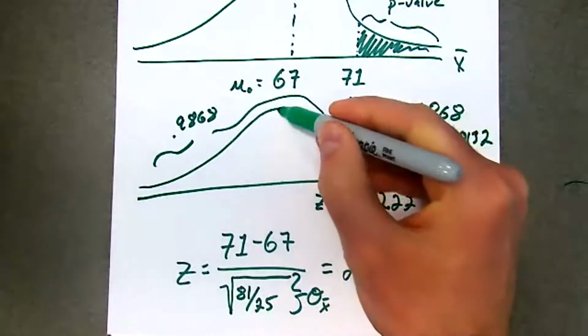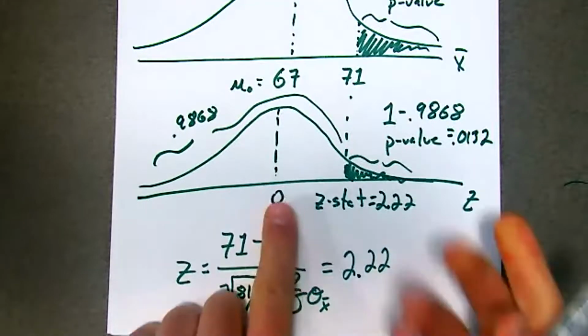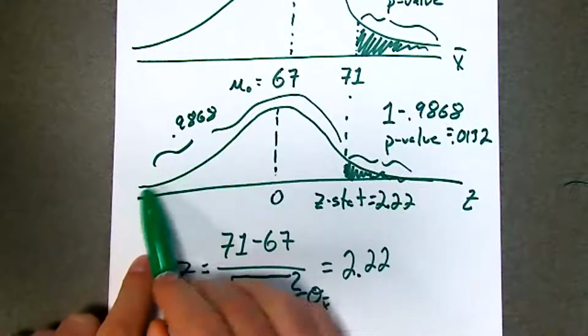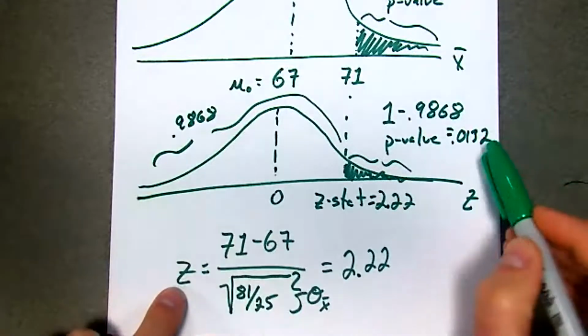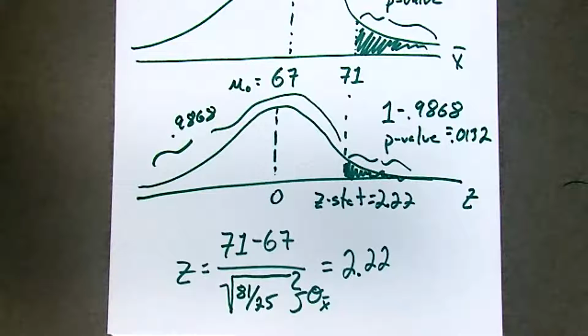Remember, my standard normal distribution is centered around 0, and it's symmetric. So if I folded this in half, the area to the left of negative 2.22 would just be 0.0132. Right? I can actually confirm that to myself.